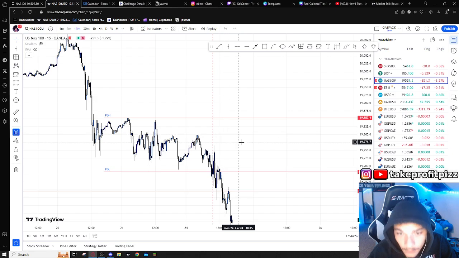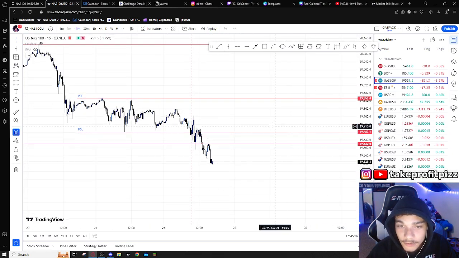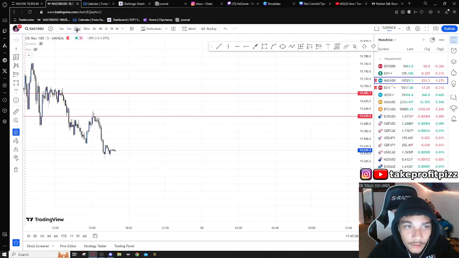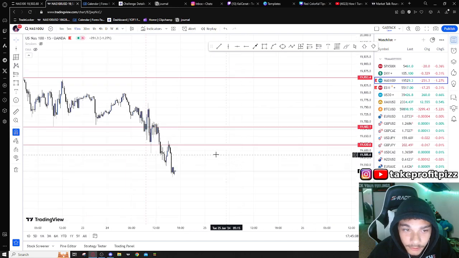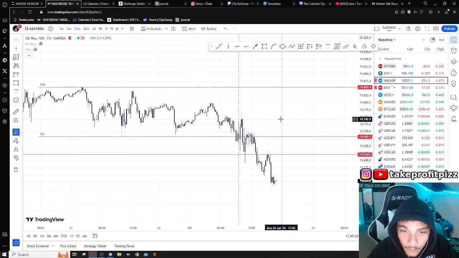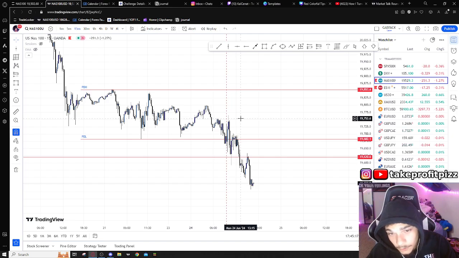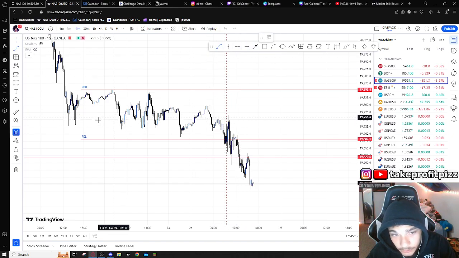Right here. Alright. So we know our bias is bearish for the day. We come in, look at some bigger time frames. We have this area of resistance right here.